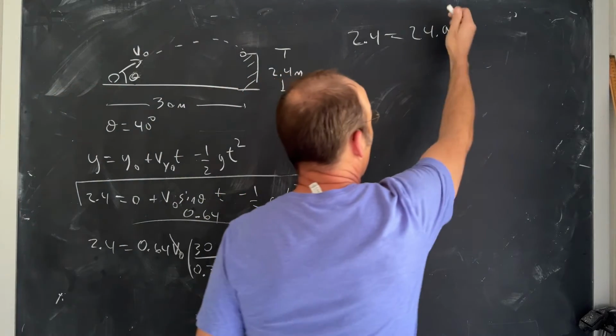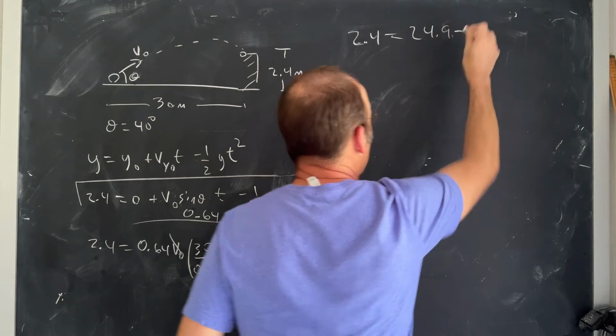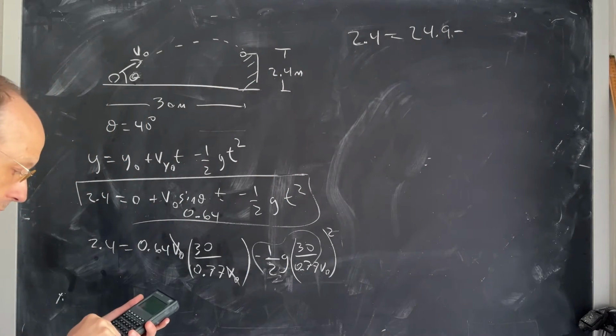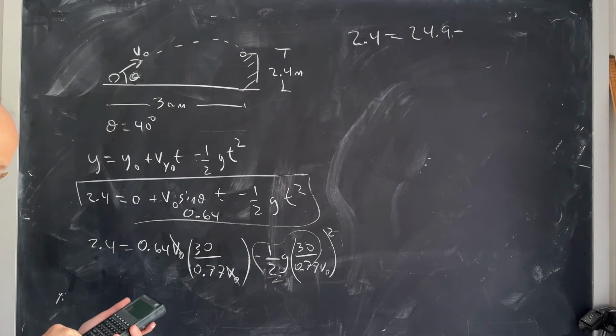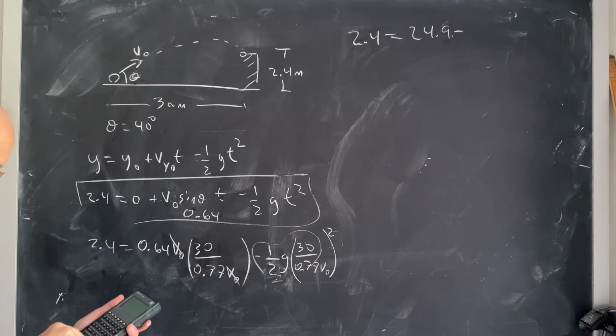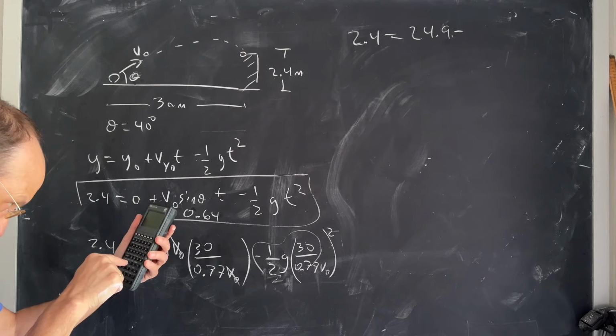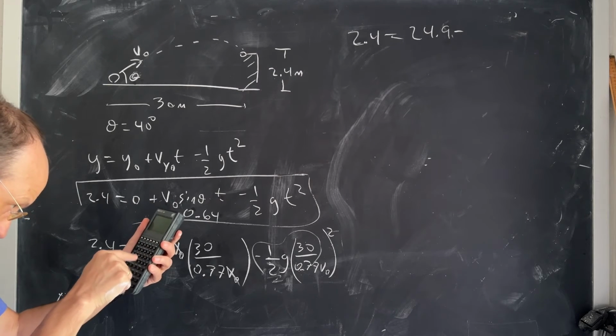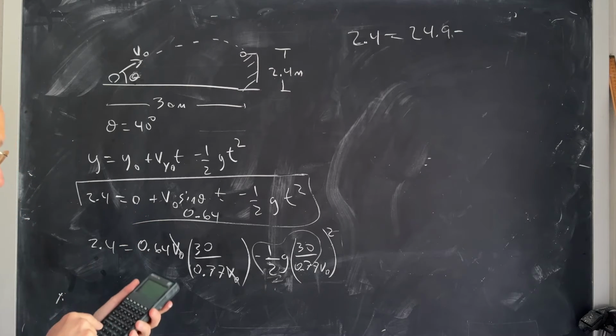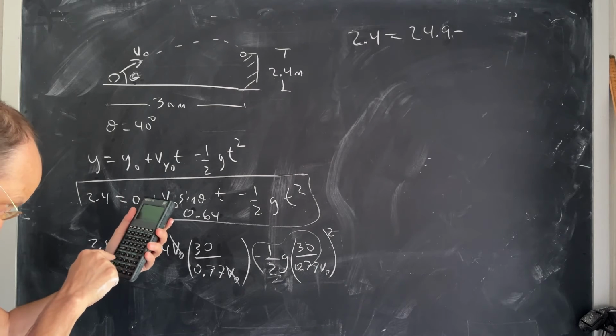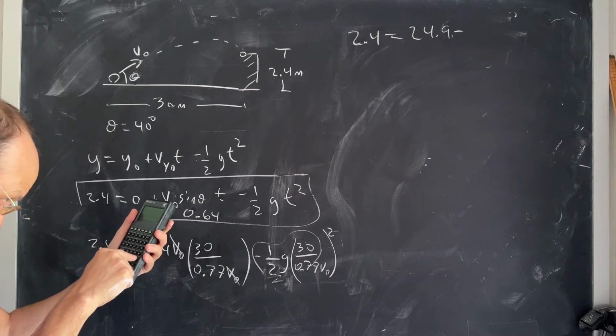It's negative, so I have, that's a 9. Minus, let's just put this in here, 0.5, 9.8, 30 squared, and then 0.77 squared divided by.